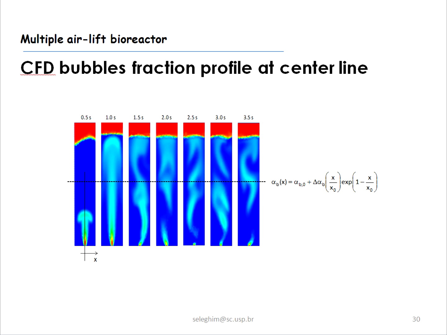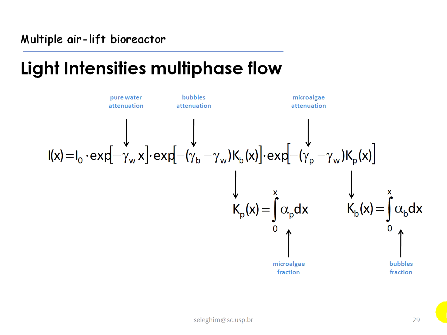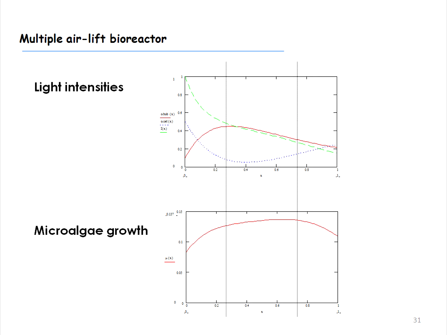And then, coming back one slide, we introduced them in these formulas here, okay? Here and here. We can calculate the actual light intensities. This is this red curve here, and also the average bubble void fraction, the red curve, and the average light plus algae void fraction here, okay?